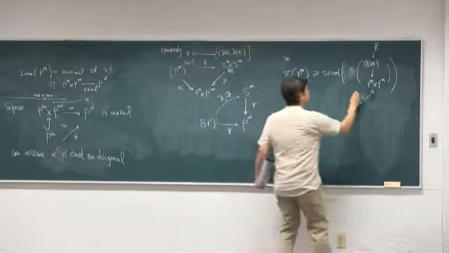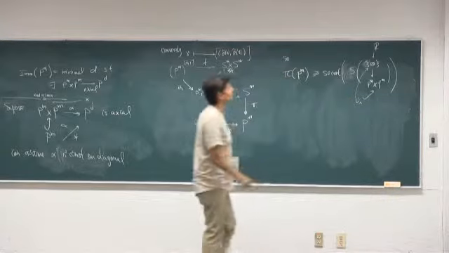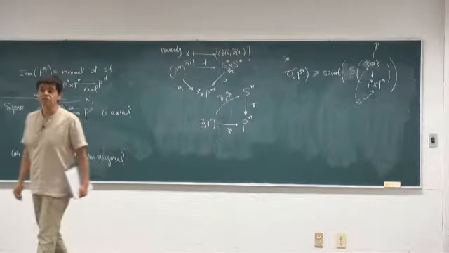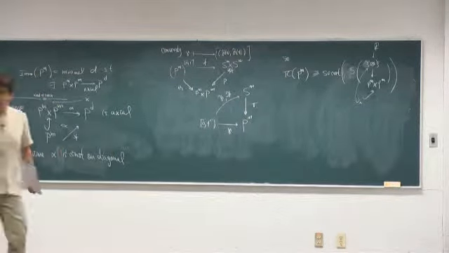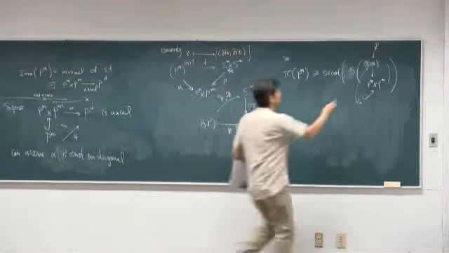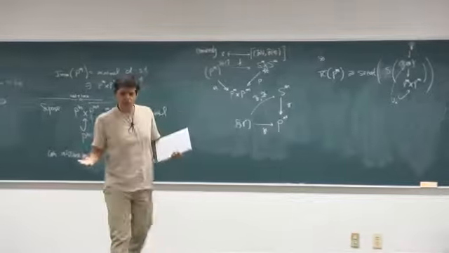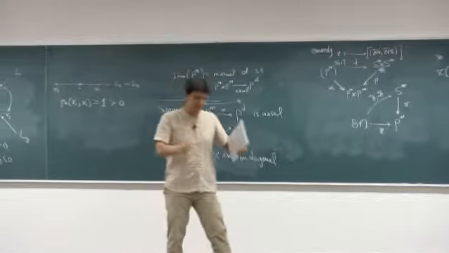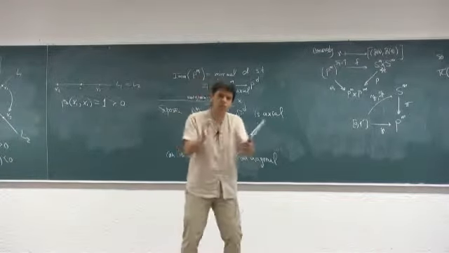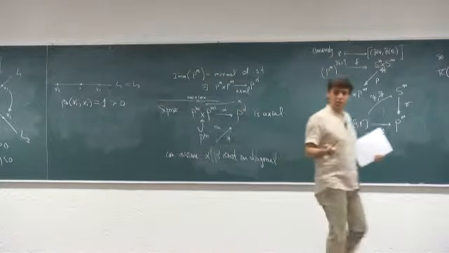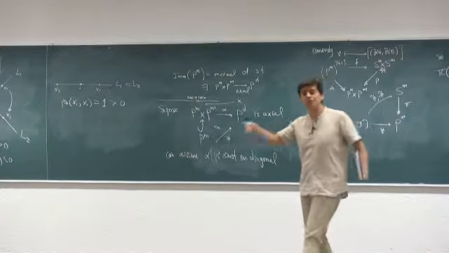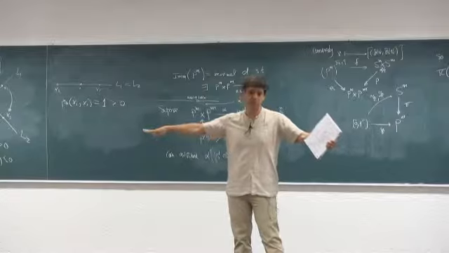So you want a section for this line bundle which is never zero, at least in this UI. And I would like to be able to extend this section to the whole thing. Now, you can, of course, do it with a partition of unity, just with one piece. And you would have a section, but most likely this section would be zero outside. It might have some zeros.